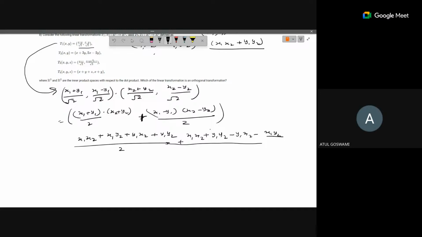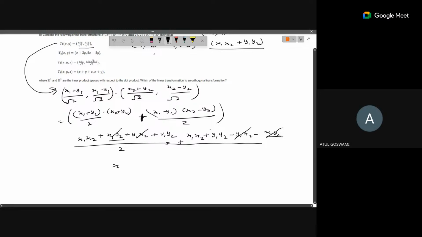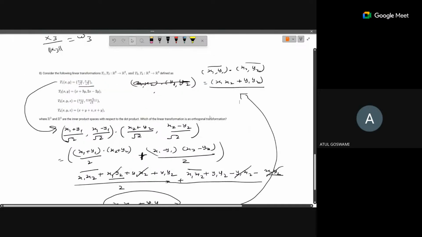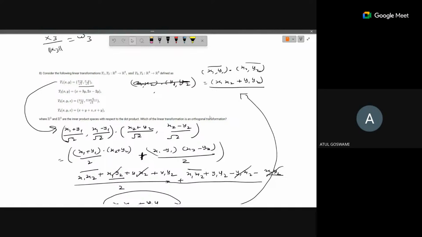So x1 y2 and x1 y2 cancel out, y1 x2 and y1 x2 cancel out, so we get 2 times x1 x2 plus y1 y2 divided by 2, which is x1 x2 plus y1 y2. This is the same as the original because the inner product is the same. So t1 is an orthogonal transformation, right? Similarly you can check for others.